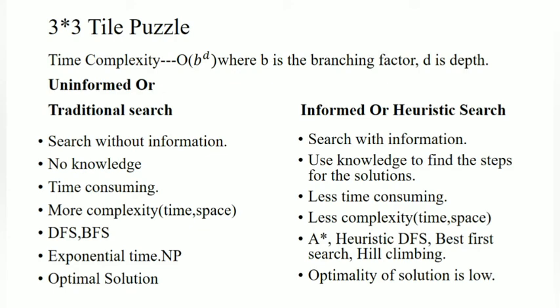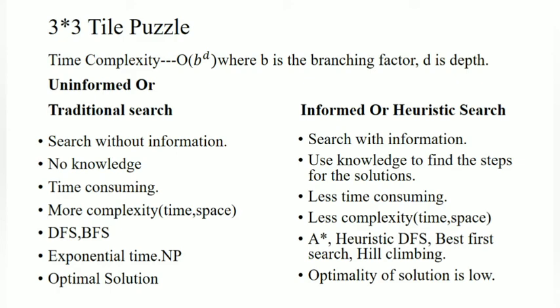In uninformed search, we search without information; no knowledge is added to it, and its time complexity and space complexity are more. It has an exponential time complexity, but an optimal solution is reached. In the case of informed or heuristic search, search with information, some information or heuristic values are added into the search, so that the information makes solving the problem easy and better than uninformed search.